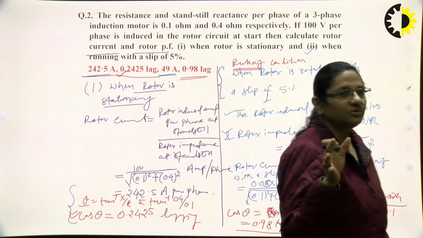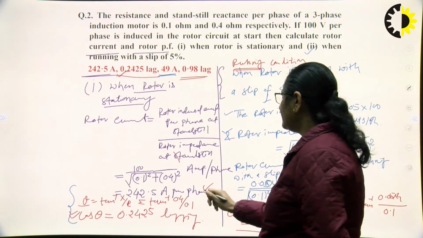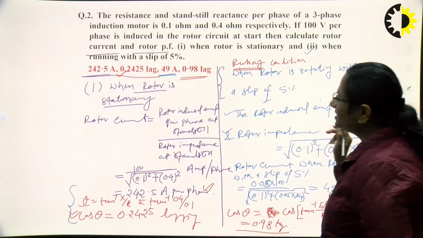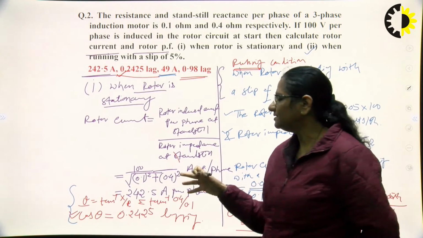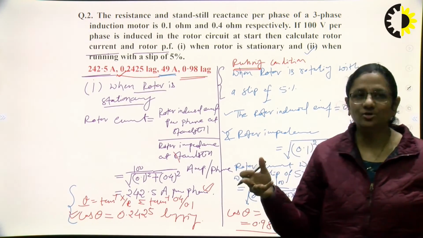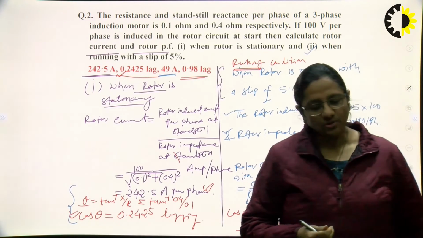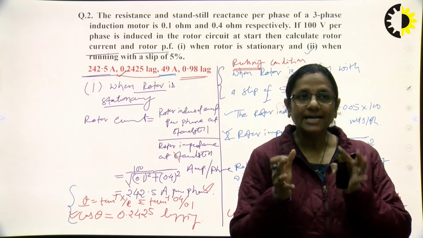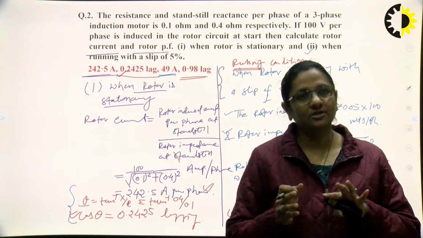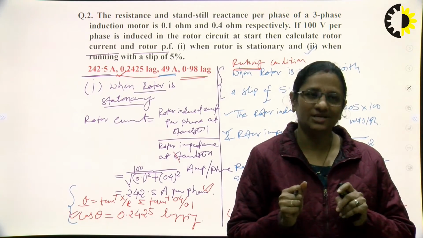So what's the conclusion? Pay attention to the value of current obtained here and the value of current obtained here. You can very well see that at standstill condition, the current flowing in the rotor circuit is quite high. Why so? Because when the rotor is at standstill, if you see the equivalent circuit of the machine, you will find the conditions of short circuit actually prevail.